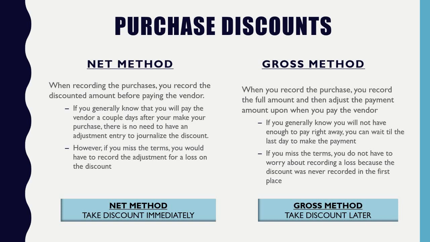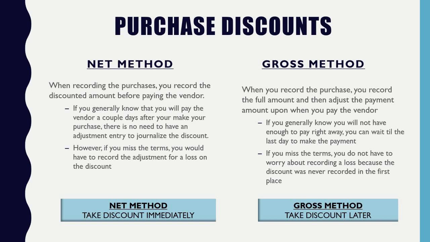So in this case, net method, right? Usually the net method is for those major companies who have sufficient funds and are capable of paying off the bill almost instantly, or someone who's really good at managing their bills. They're more likely to be saying, hey, you give me 10 days to pay off and get the discount.